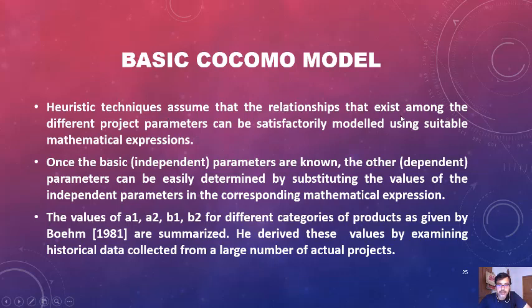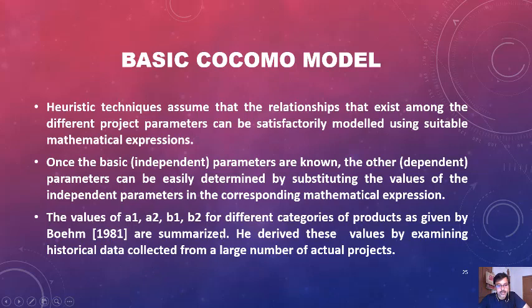He divided these projects, found out their characteristics, and found that if we use the a1, a2, b1, and b2 values in this way, then we can get an optimized result for our software project.